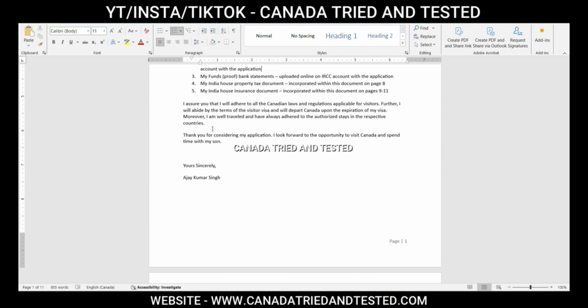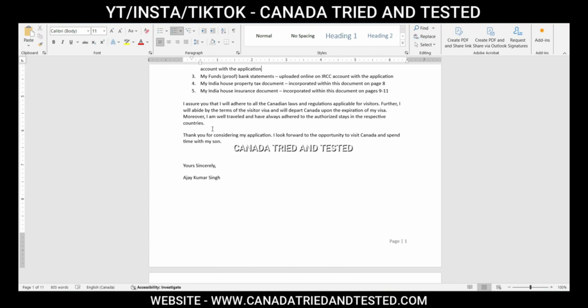If your parents have that, you can attach that CGHS document, and that goes on to prove that it is better to go back to India for medical treatment than be here, pay for medical insurance, and where there are long waiting periods to visit doctors. So why put parents in duress? By showing that they have this medical coverage back home, it gives an input to the IRCC agent that they are better off going back to their home country to get the treatment done free of cost rather than paying money here.